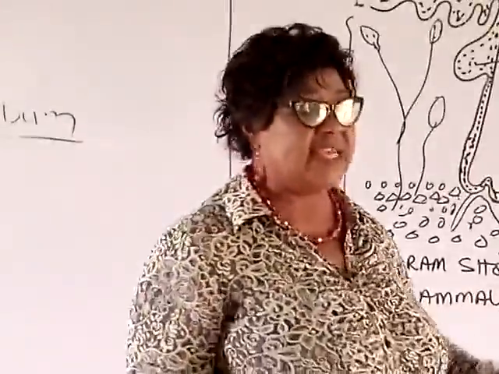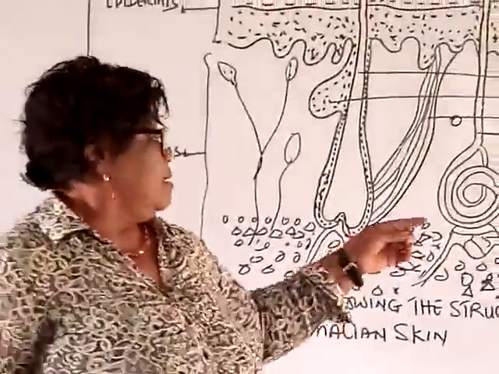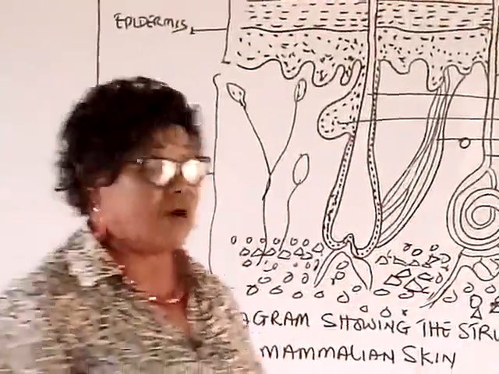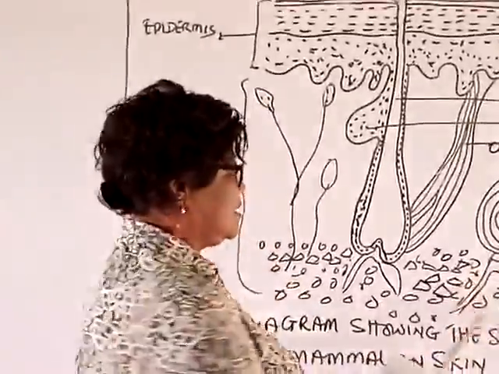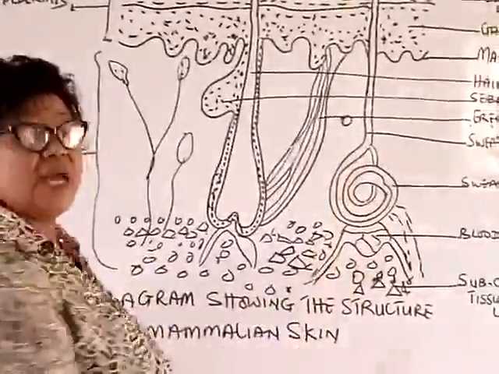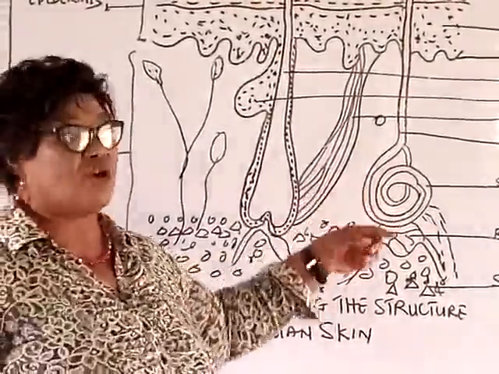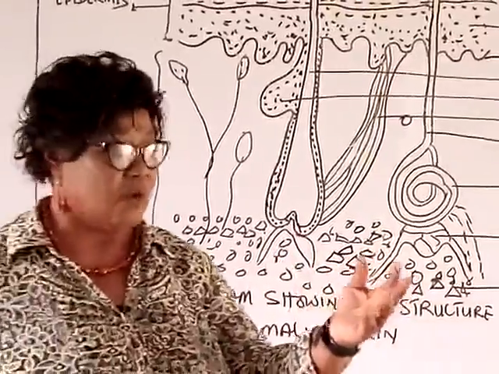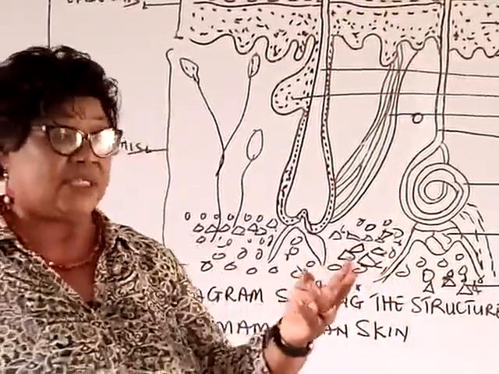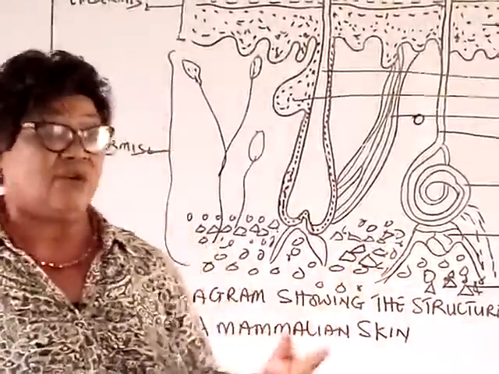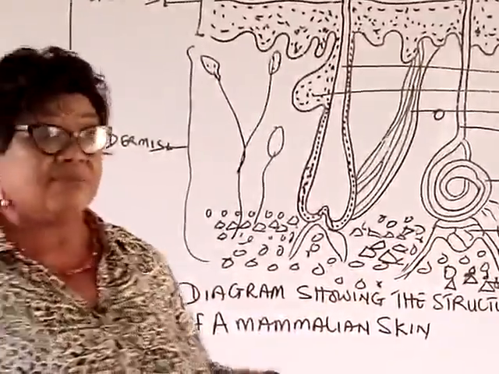So this water is being absorbed probably by osmosis from the surroundings of the sweat gland into the sweat gland. And that fluid contains mineral salt, it contains chlorine, it contains some waste, it contains salt, it contains water.